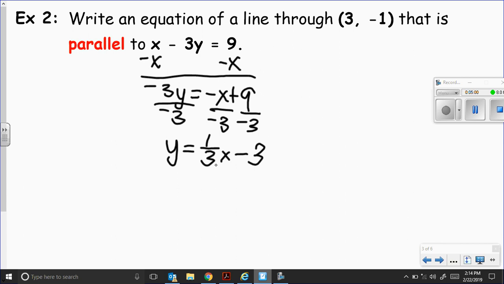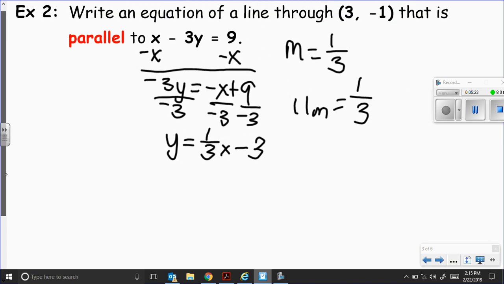Okay, so now we know that this one has a slope of 1/3. So if we need a parallel slope, remember parallel slopes are the same, it's 1/3 as well. So now we're going to use point slope form.